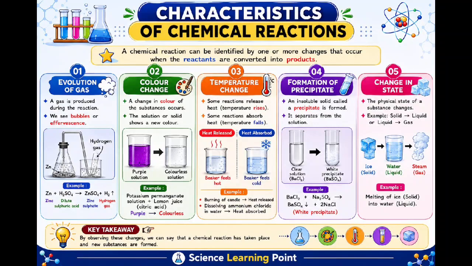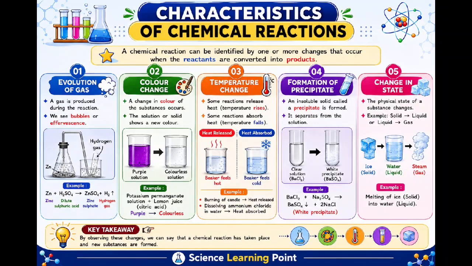Sometimes when two substances react, we can see bubbles coming out. For example, when zinc reacts with dilute hydrochloric acid, hydrogen gas is produced. So, if you see bubbles or gas being released during the reaction, it may be a sign of a chemical reaction.